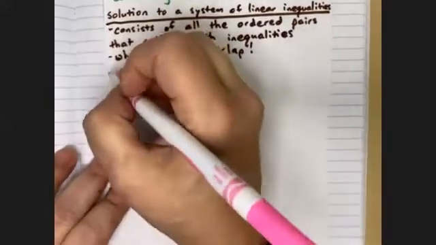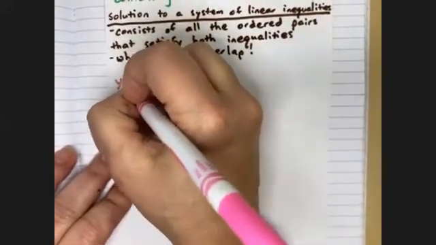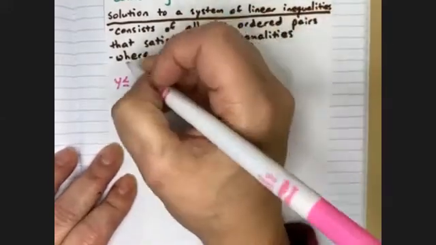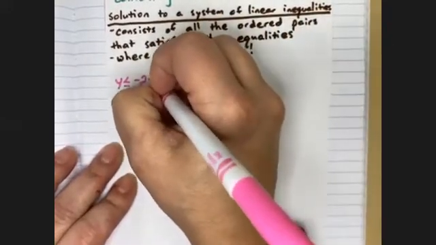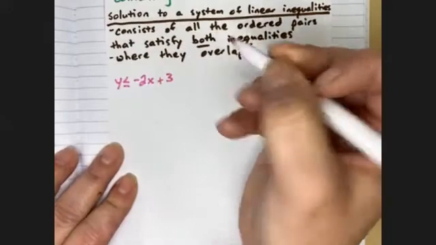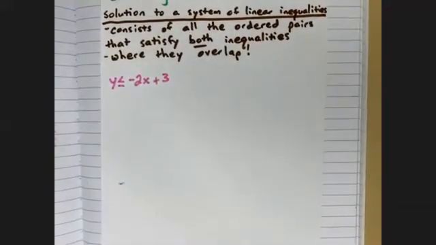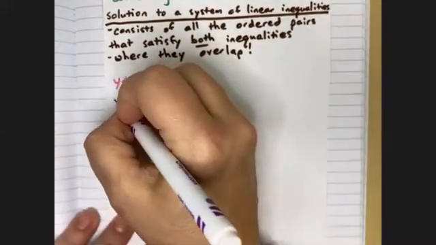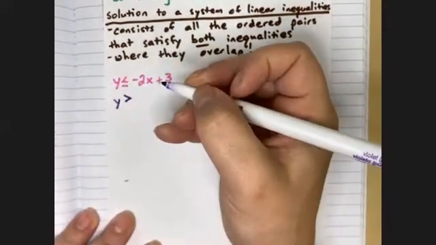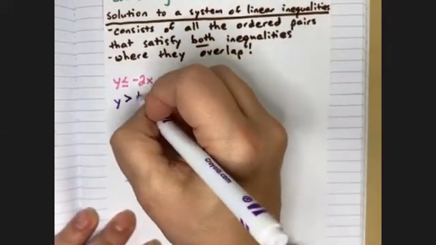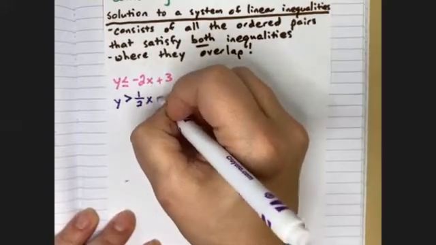So if I have this, y is less than or equal to negative 2x plus 3. And I'm going to do them in different colors, so hopefully it's a little easier to see. And then y is greater than 1/2 x minus 2.